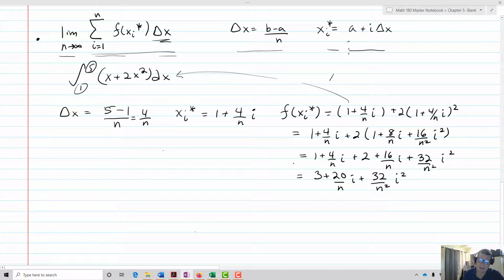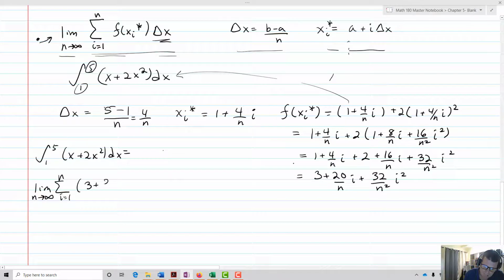So now let's take this information and find a value for the definite integral. So our integral from 1 to 5 of x plus 2x squared dx is going to then equal, and we'll make this the summation, the limit as n approaches infinity, because we're going to go back up here to that definite integral definition of i equals 1 up to n, and then we'll plug in f of xi.